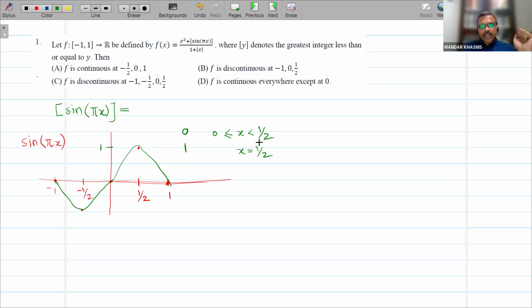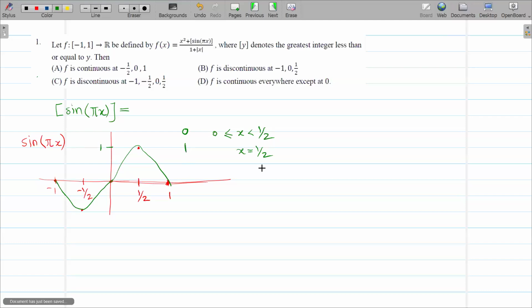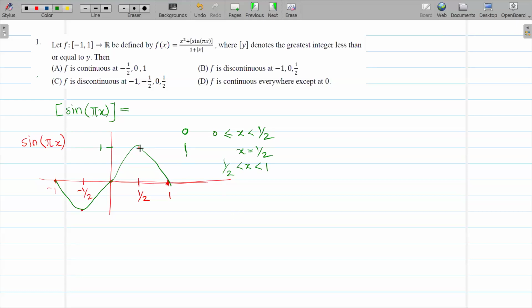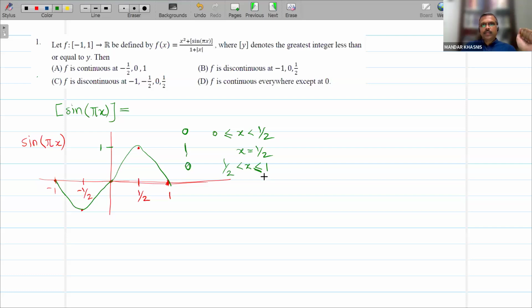That means definitely at half, discontinuity is found. Now, half less than x less than 1: the values lie between 0 and 1, so it is again 0. In fact, even at 1 it is 0, so there is no issue at 1.